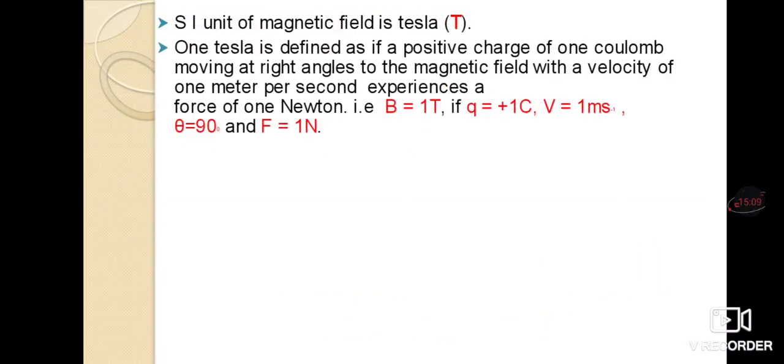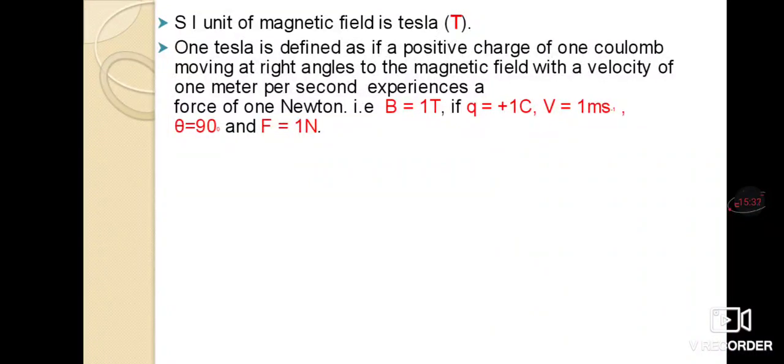Next we will discuss the SI unit of magnetic field. The SI unit of magnetic field is the Tesla. 1 Tesla is defined as follows: if a positive charge of 1 coulomb is moving at right angles to the magnetic field with a velocity of 1 meter per second, then it experiences a force of 1 Newton.